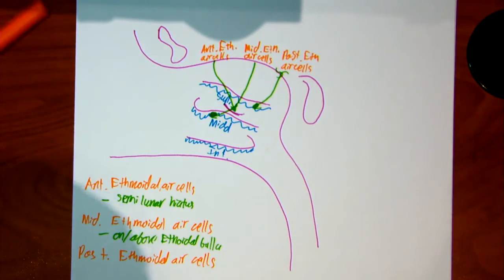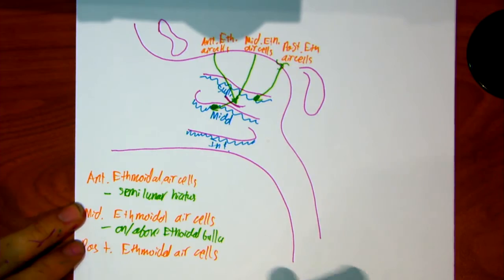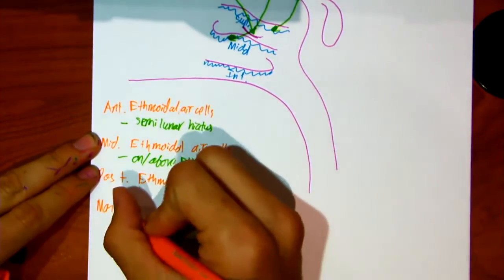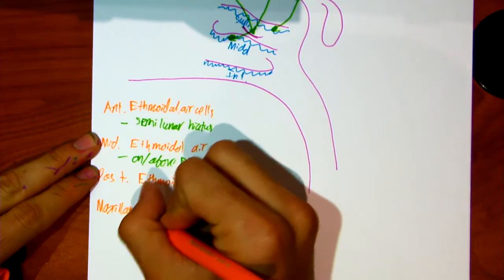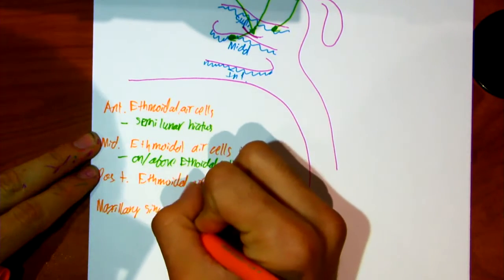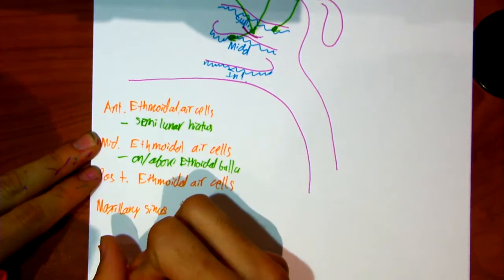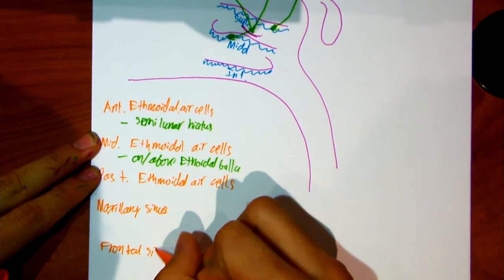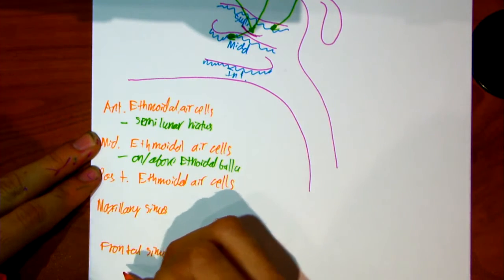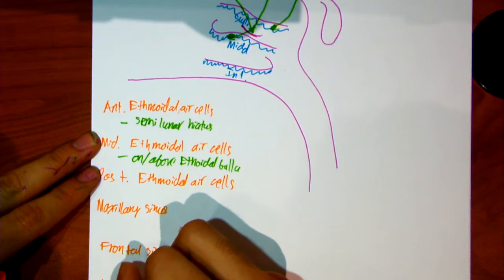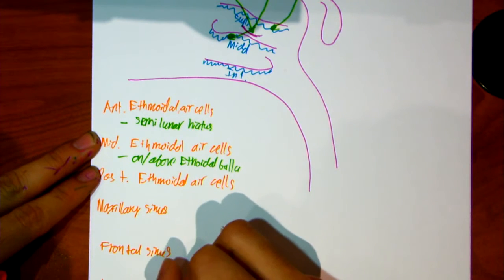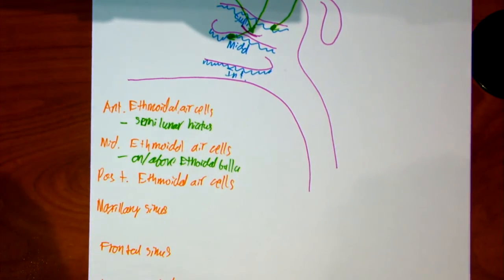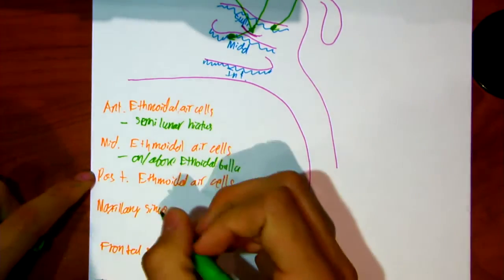All right. Continuing on with the structures, we have the maxillary sinus, the frontal sinus, and the nasolacrimal duct.